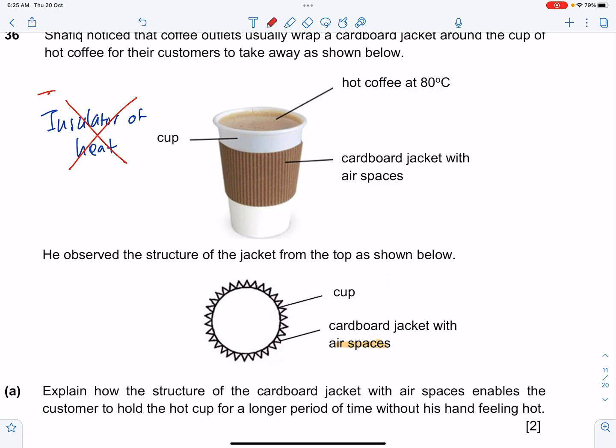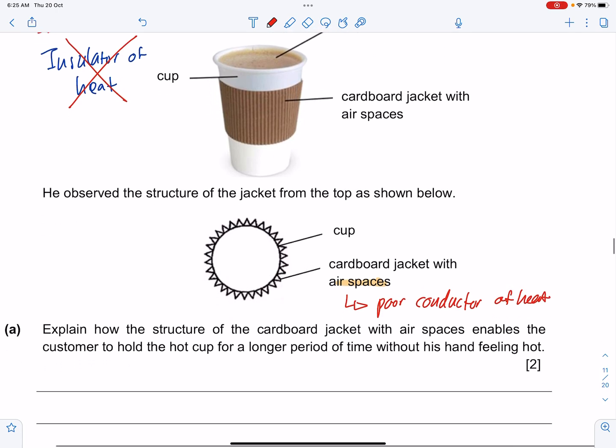So this gets me thinking, where have I actually seen this term air in the topic of heat? And it will be under the concept on conductors of heat, right? So we know that air spaces is a poor conductor of heat.